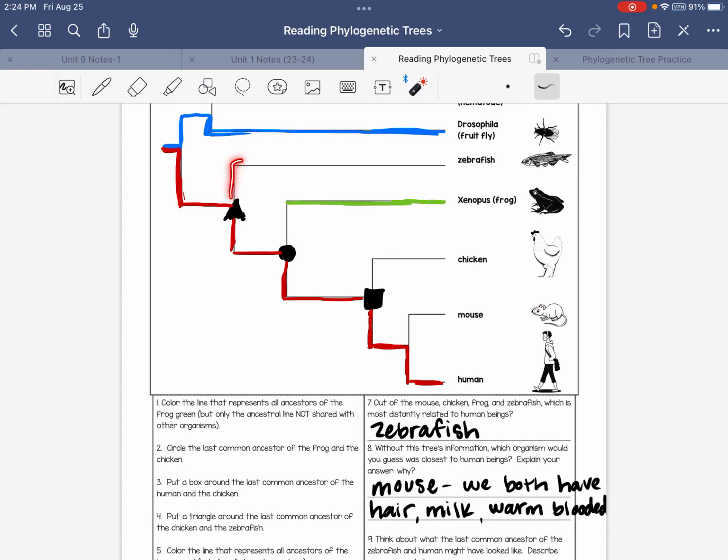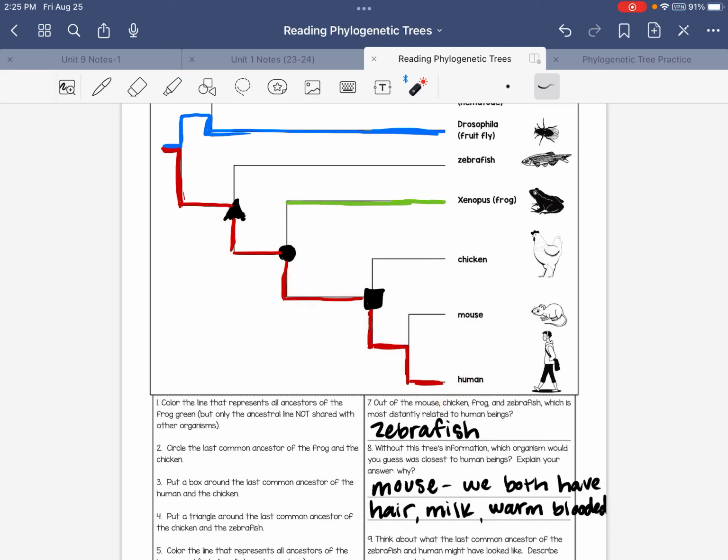Because our fish does not branch as much in our tree, we're going to assume that our ancestor looked more like the fish. And then with our human, because we have a frog that branches off there and a chicken and a mouse, all these branches make us think, okay, these ancestors over here were evolving really drastically over this time.